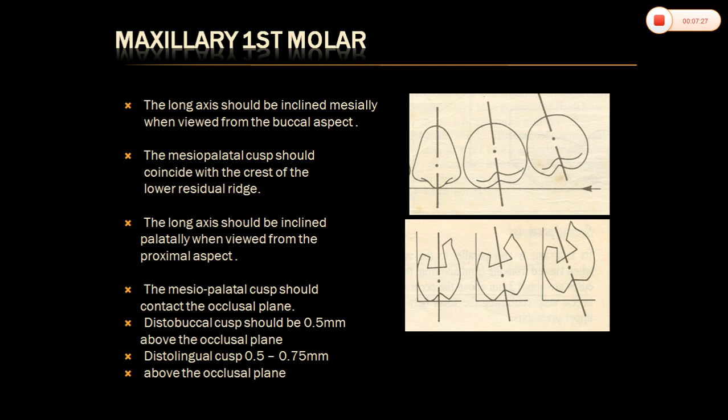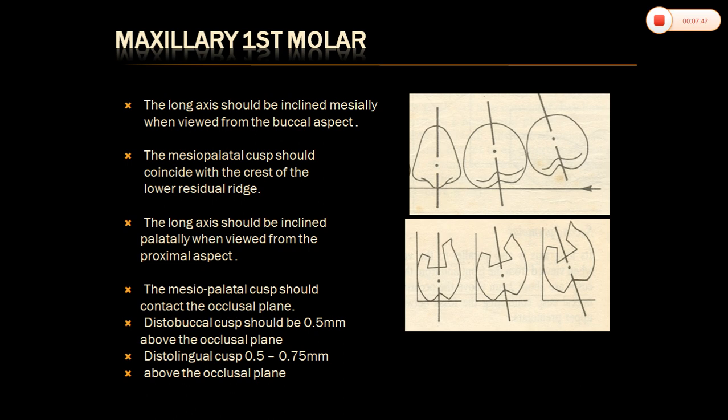The mesiopalatal cusp should contact the occlusal plane, whereas distobuccal cusp should be 0.5 mm above the occlusal plane, and distolingual cusp should be 0.5 to 0.75 mm above the occlusal plane.